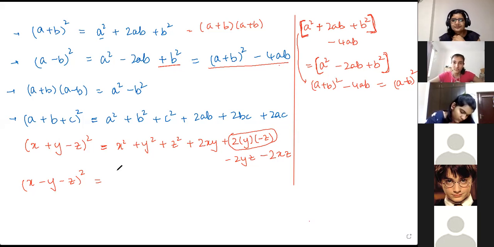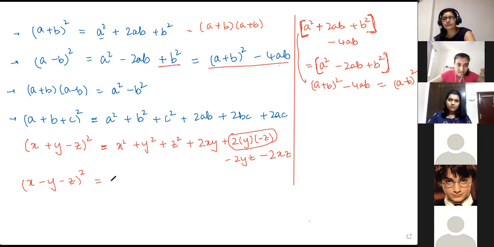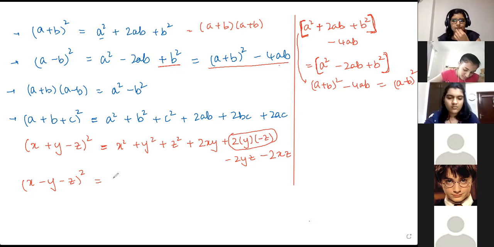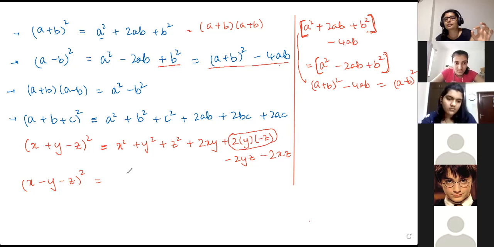Samriddhi, you need to check your signs. What happened, Swayam? No, not able to hear you, Swayam. Maybe there's some connection issue with the internet. Just reload, maybe disconnect and reconnect. If you are using headphones, just check whether the headphones are connected properly. That also plays a part. Figure it out, okay? In the meantime, you can send your answer over chat.